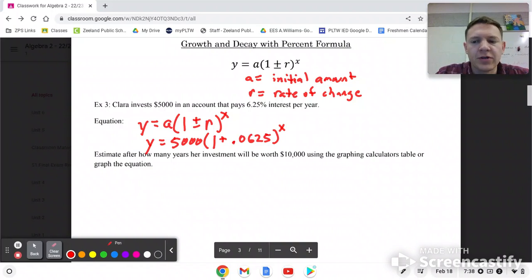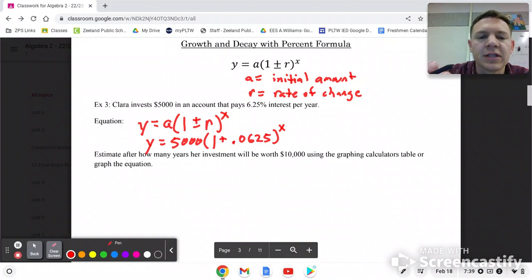Estimate after how many years her investment will be worth $10,000 using the graphing calculator table, or just graph the equation. If you want to do that, you just have to plug your equation into a graphing calculator. Then you look at the table and see for which X it will cross over 10,000.